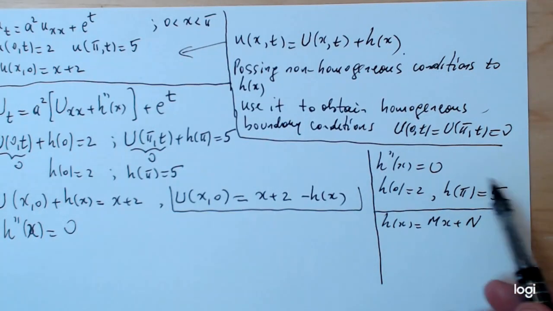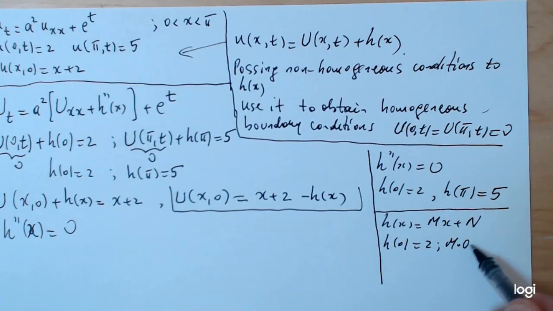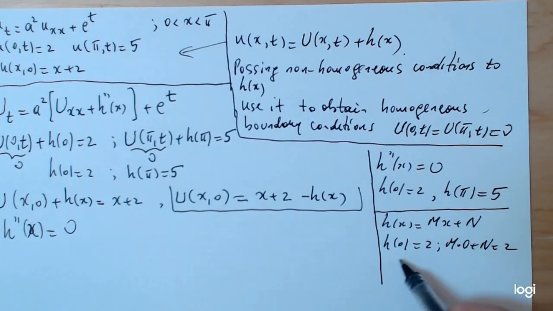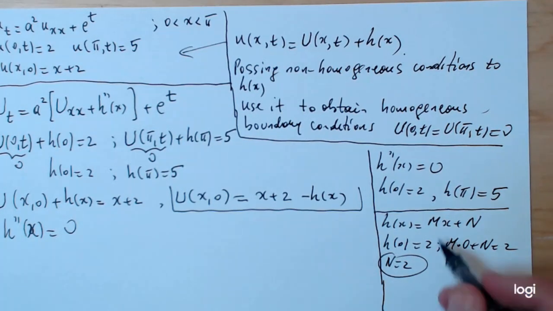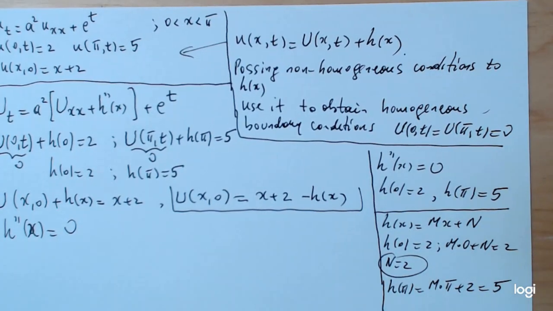Now impose its conditions. H of 0 equals 2. That gives me n equals 2. And finally, h of pi, m times pi plus n, which is 2, equals 5.